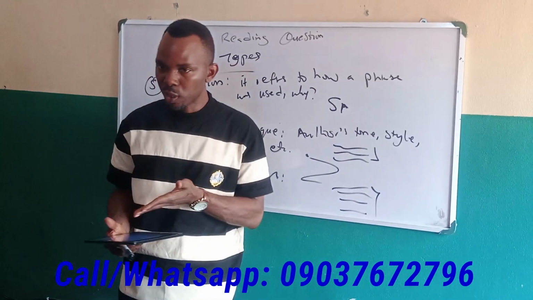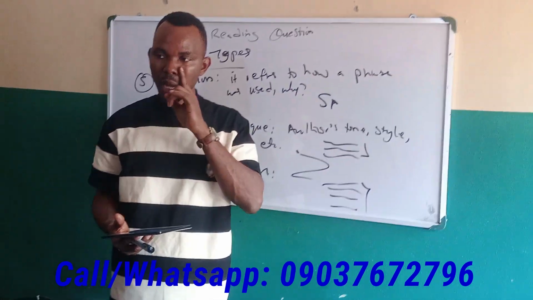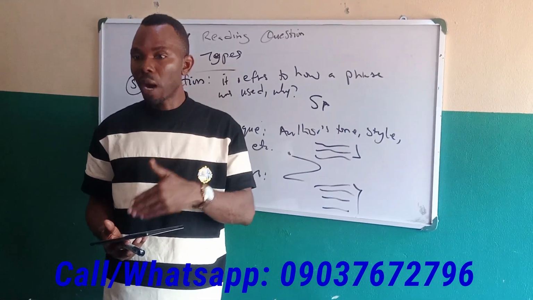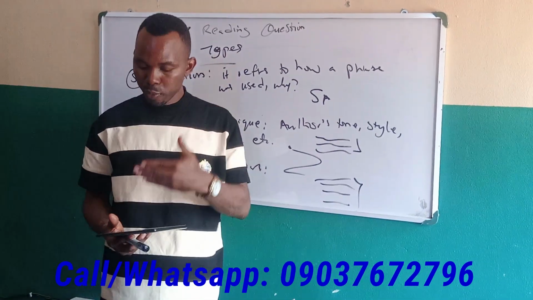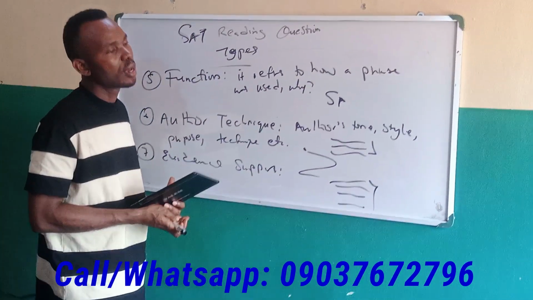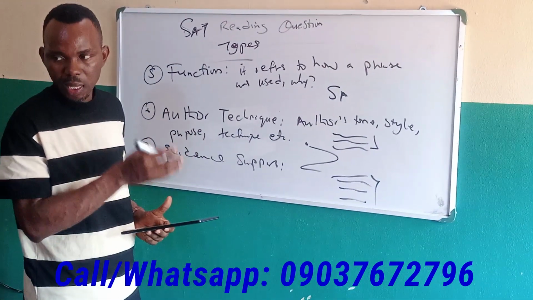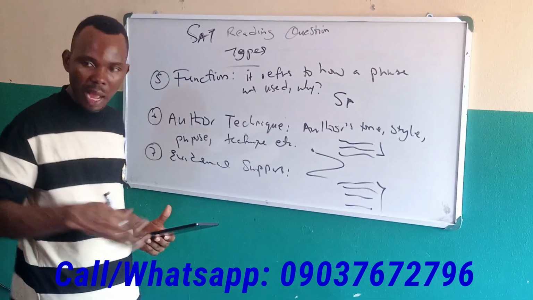The question may not always be about shift, but if it happens to be this kind of question, it means that you need to try to identify what was the author talking about initially, and then what did he start talking about after his shift.